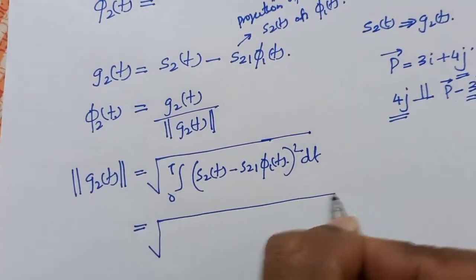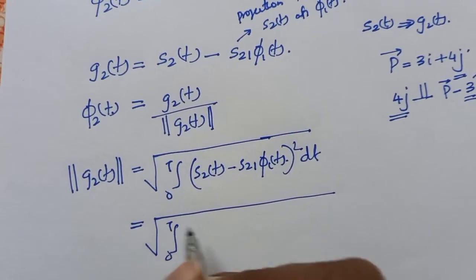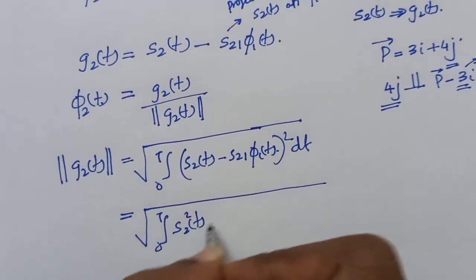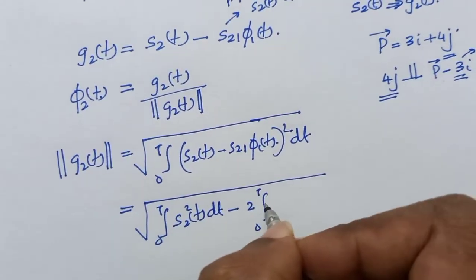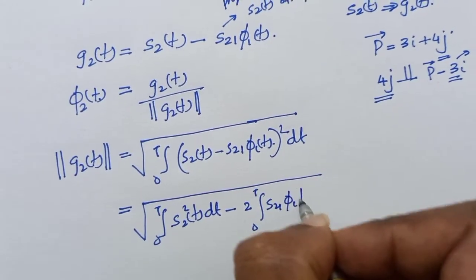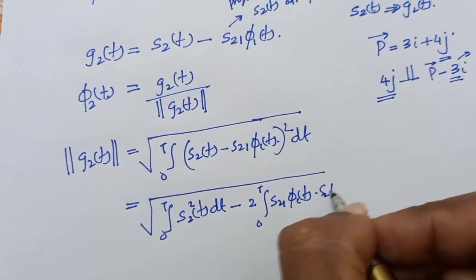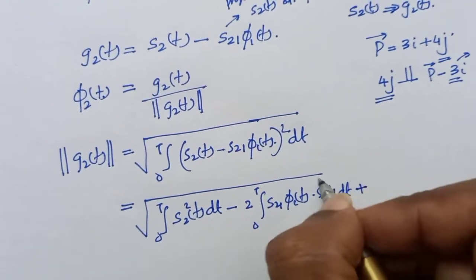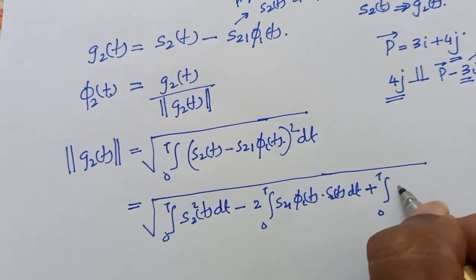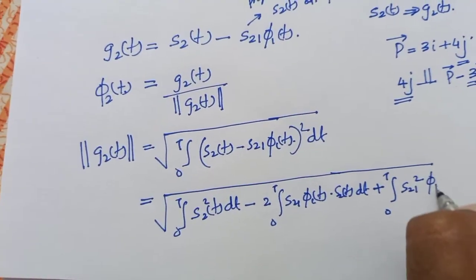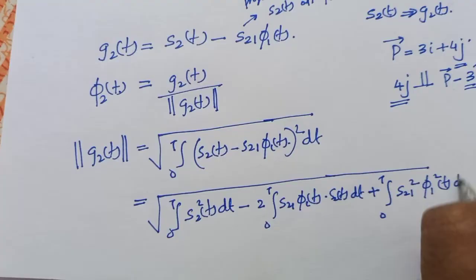This will be equal to integral 0 to T of s2²(t) dt, minus 2 into integral 0 to T of s21 φ1(t) s2(t) dt, plus integral 0 to T of s21² φ1²(t) dt.